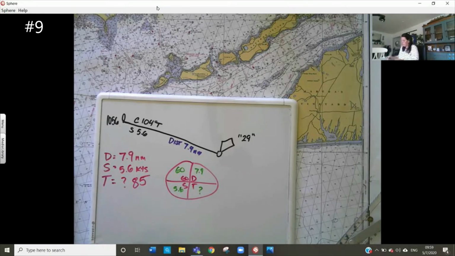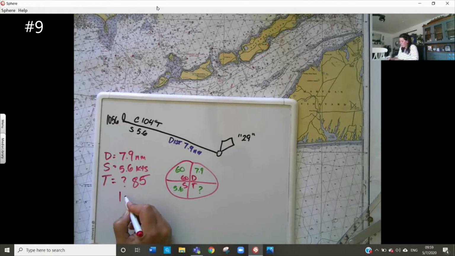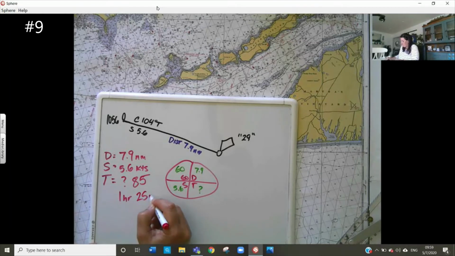85 minutes is equal to 1 hour, 25 minutes.